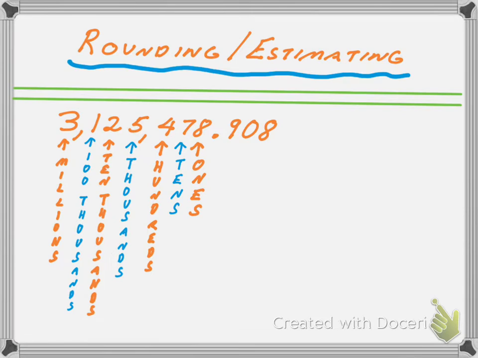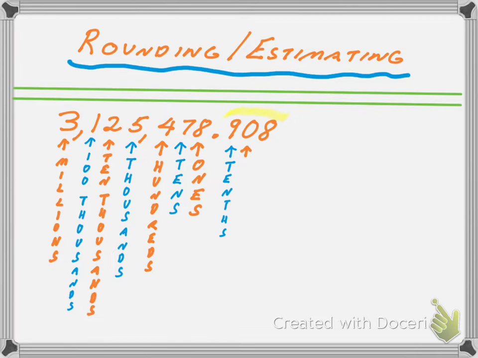Now over here to the right of the decimal, you'll notice when I said the number, I said the word "and." The 9 is in the tenths place. So when we say 8 and 908 thousandths, that "and" signifies that we're moving to the decimal part of our number.